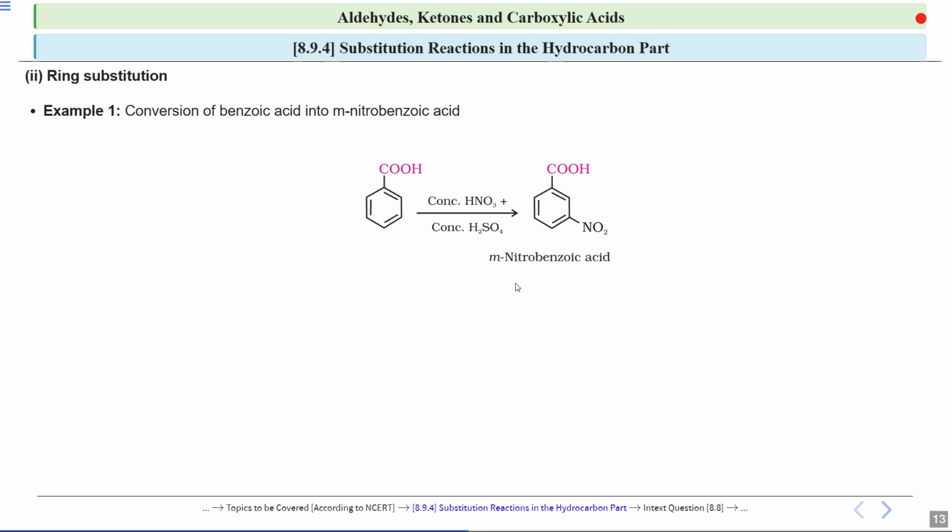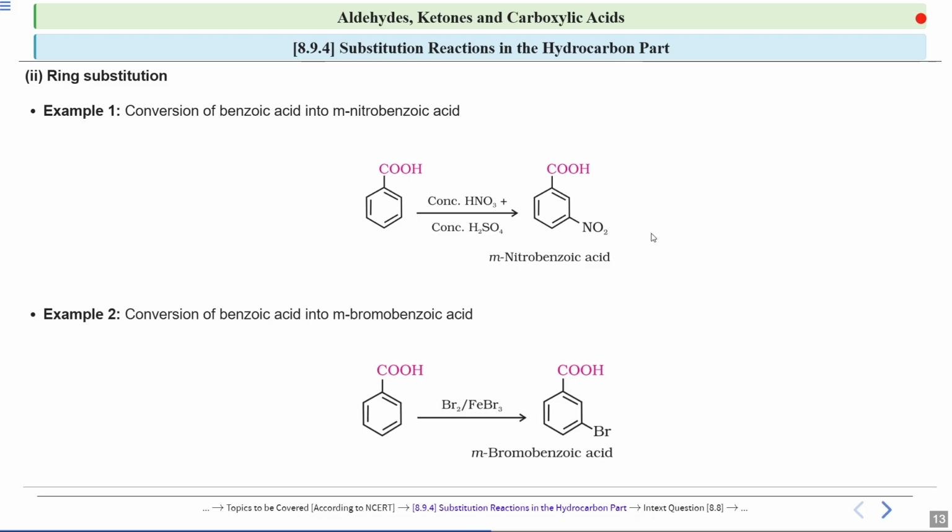The important thing to note over here is that this nitro group attaches to the meta position of the benzene ring. If you see, this NO2 is meta to this carboxyl group. This happens because carboxylic acid directs the new substituents to the meta position.